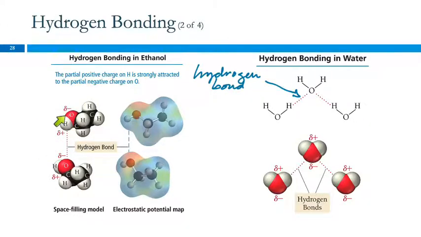Here's another example. Here we have oxygen bonded to hydrogen. This is a polar molecule. And so we get an attraction between the oxygen on one molecule and the hydrogen on a neighboring molecule. Yes? If hydrogen bonds are hydrogen bonding to oxygen, why aren't all of them hydrogen bonds? So the hydrogen bond is the attraction between individual molecules.